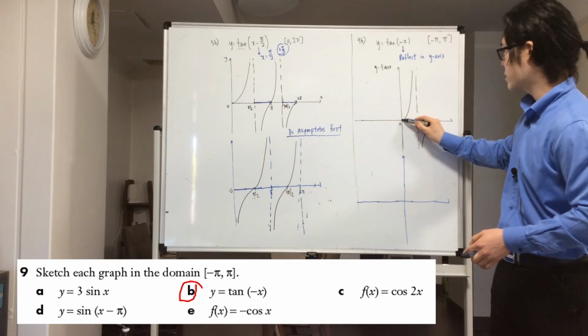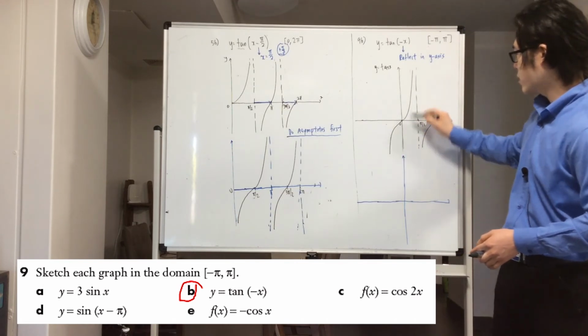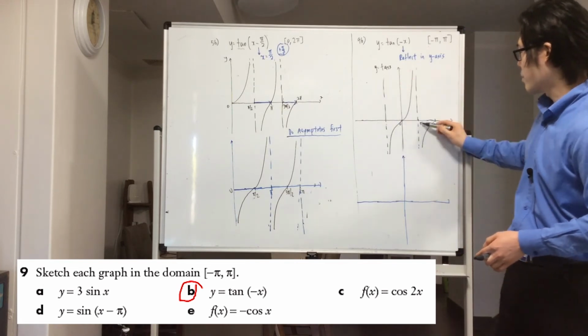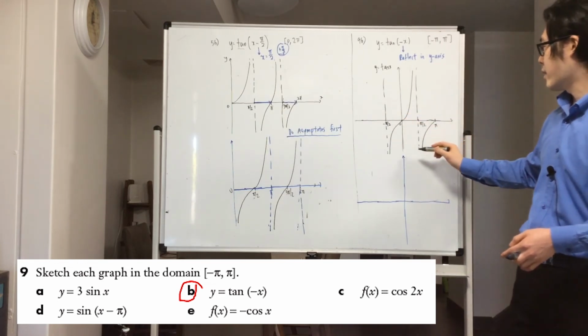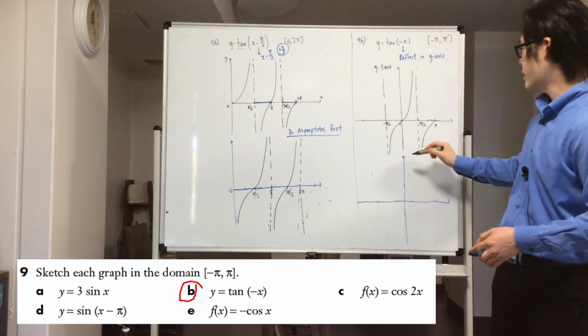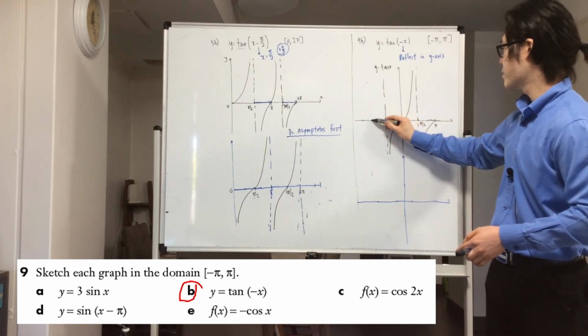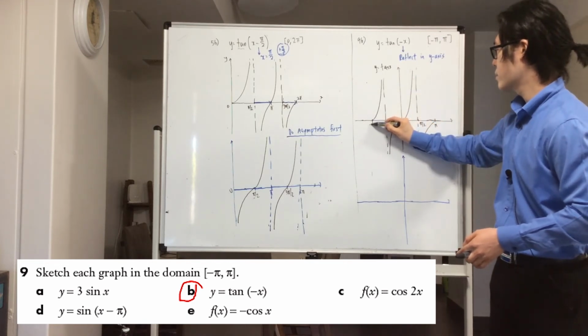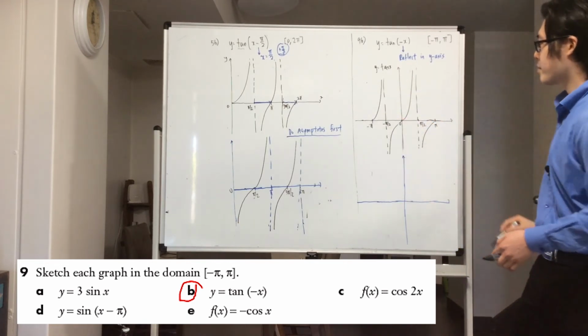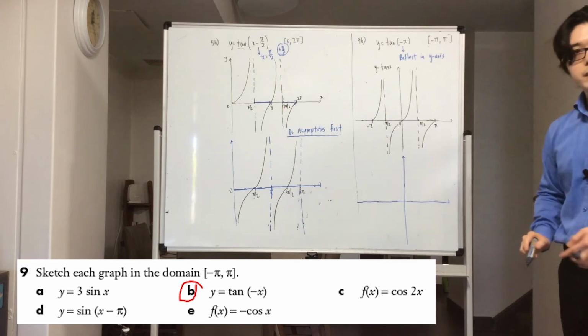Now, if I continue this pattern, here you've got pi over 2, then it's going to be minus pi over 2 here. And then with that side, it's going to be like this, and that's negative pi. Does that make sense?